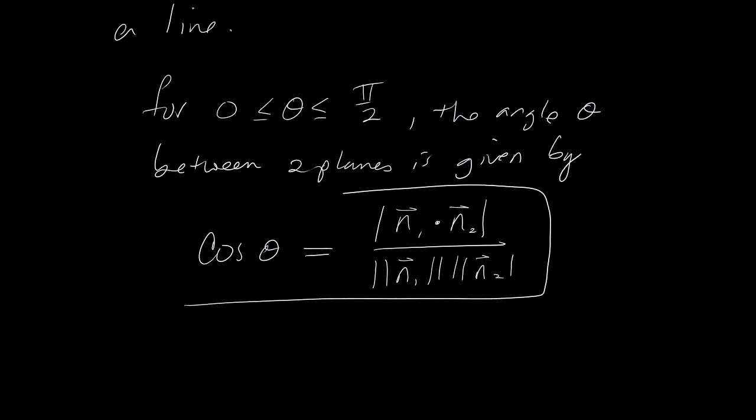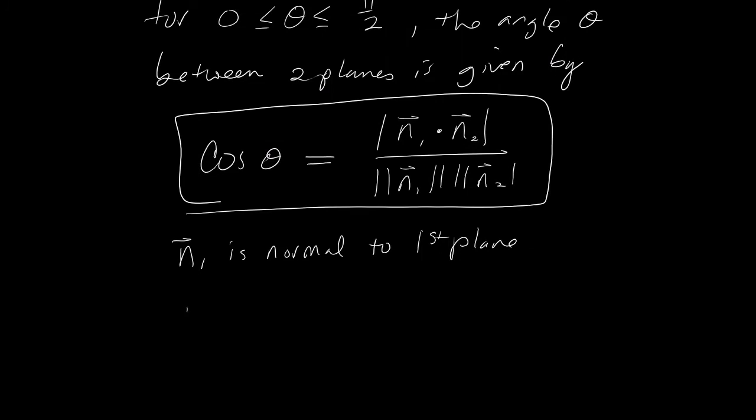Okay, so that is where n1 is normal to the first plane and n2 is normal to the second plane.